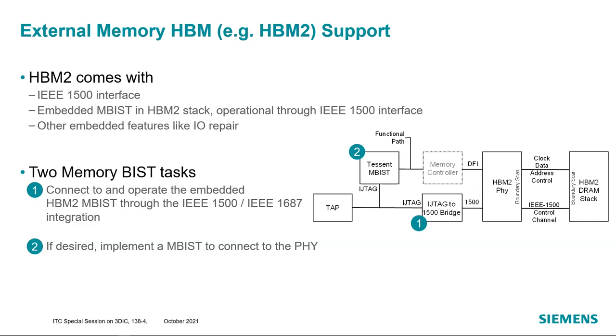The goal is to automate the retargeting of the HBM test patterns all the way to the package level. If desired, the user can implement memory BIST in the SoC die to connect the PHY by modeling the PHY and HBMs as memories.